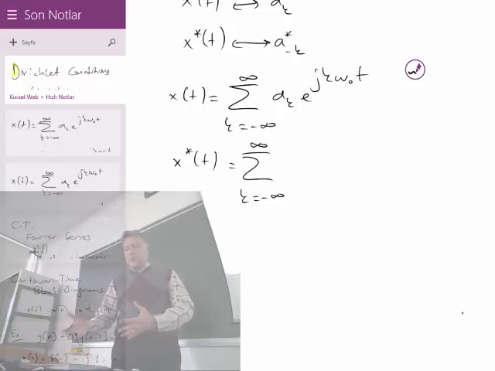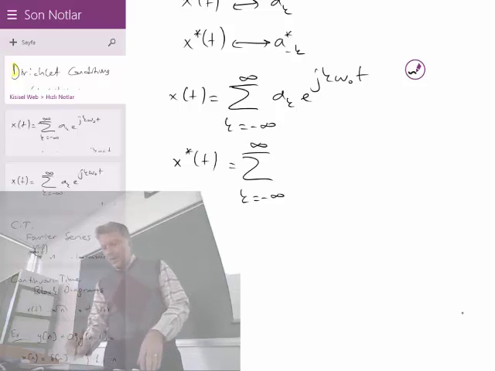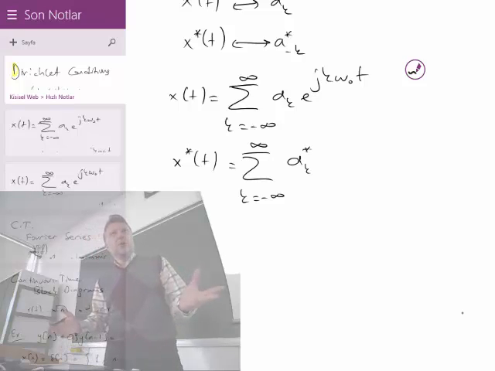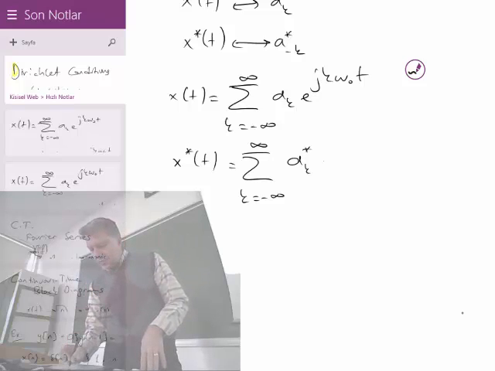What will be the complex conjugate of the right-hand sided term? It will be a k conjugate. We don't know, it may be complex, therefore that part is also conjugated. And what is the complex conjugate of e to the jk omega 0 t? E to the minus jk omega 0 t.